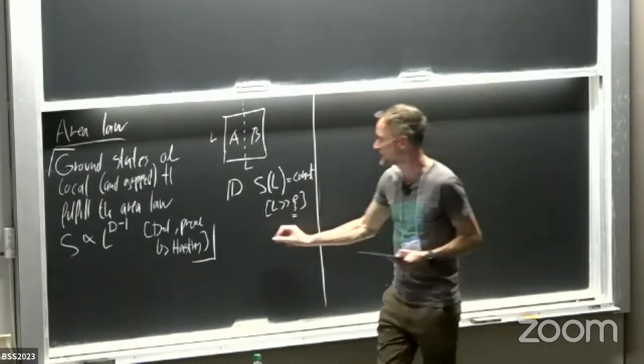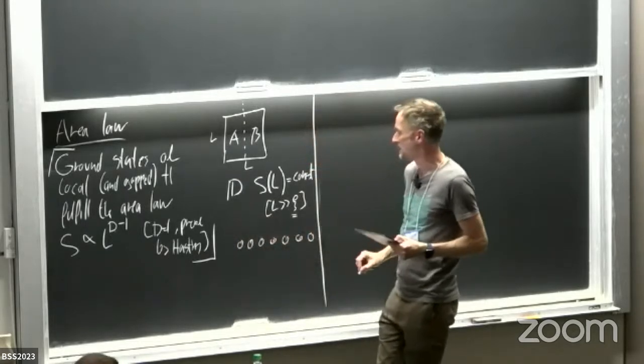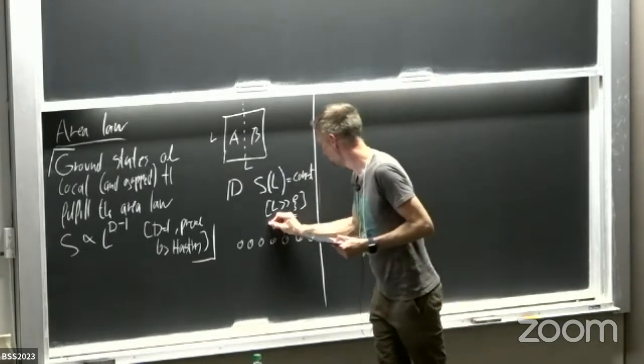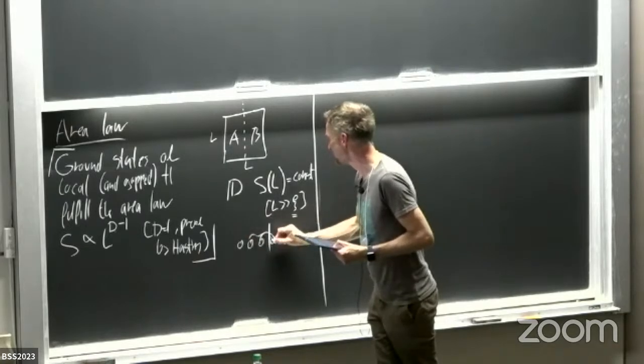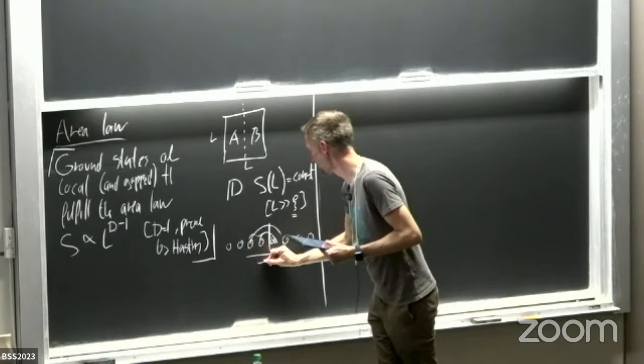And the intuitive picture for this is that if we have a ground state of some local Hamiltonian with a correlation length ξ, then we will have quantum fluctuations only over a length scale of ξ.